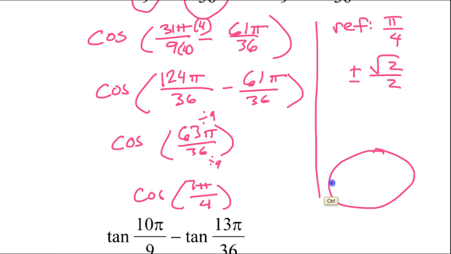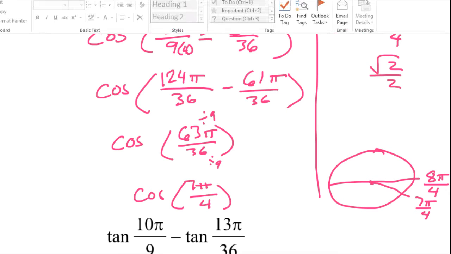Well, if you think about it, 8 pi over 4 would be all the way back around to 2 pi. So 7 pi over 4 is going to be 1 short of that. So 7 pi over 4 will definitely be in the fourth quadrant. And cosine is positive over here because it's to the right. So that's why the answer is going to be positive radical 2 over 2.